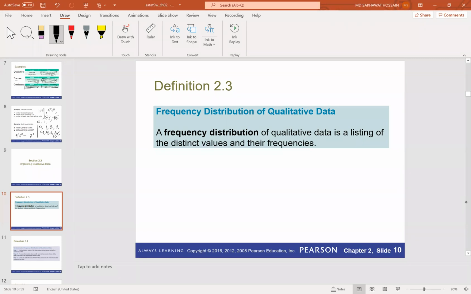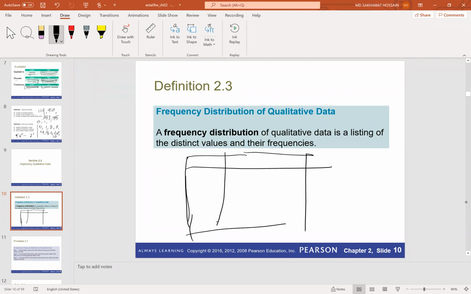Okay. So a frequency distribution of qualitative data is a listing of the distinct values and their frequencies. That means in one column, we'll list the possible values of the variable. And in the second column, we'll list the frequencies of each value.